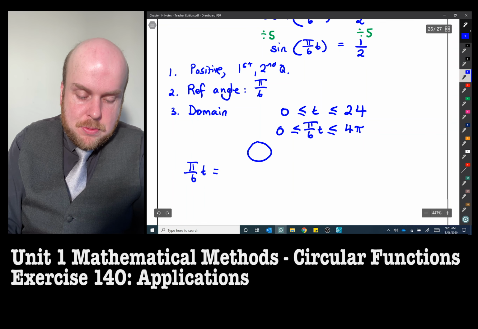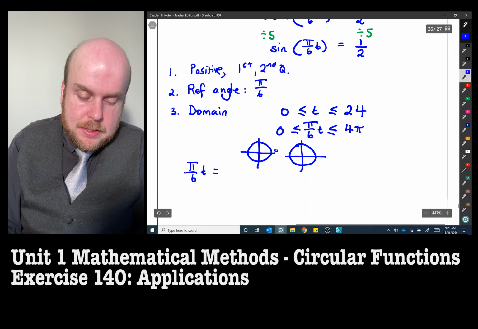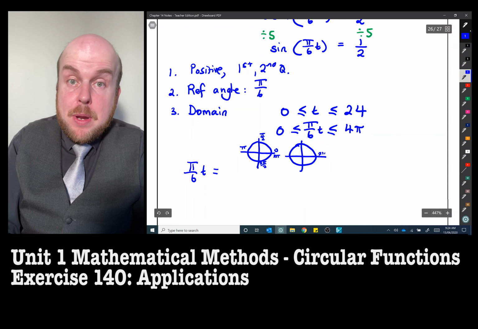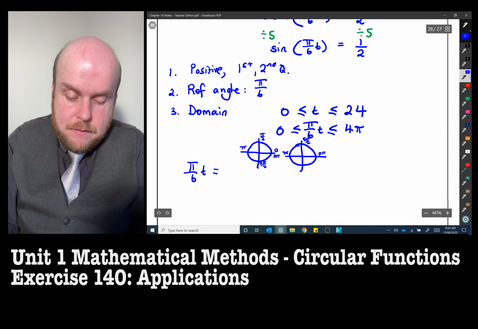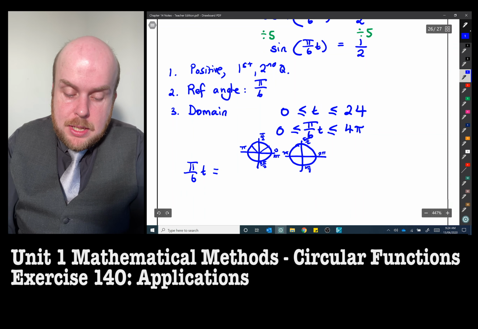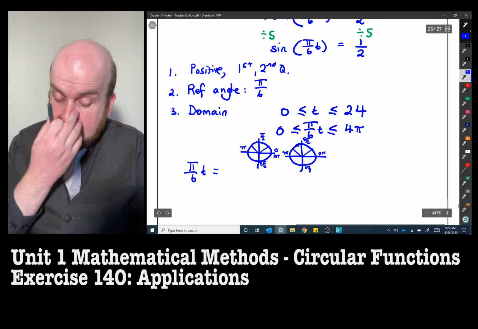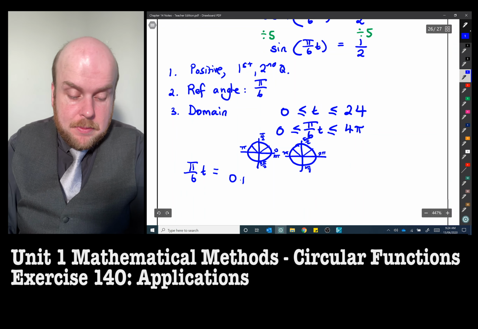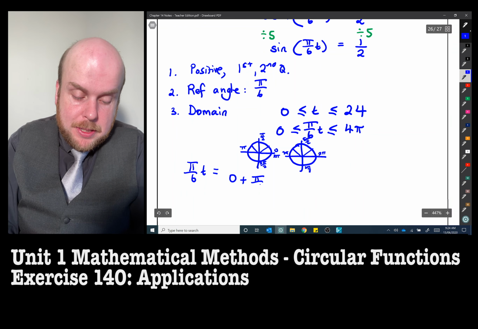Now I like to still draw my little pictures because I have a terrible memory. So there's 0, pi on 2, pi, 3 pi on 2, 2 pi, and then we go around the circle again, 2 pi, 5 pi on 2, 3 pi, and 7 pi on 2. So there's one value here, one value there, another value here, another value there. We want the first one, which is 0 plus pi on 6.